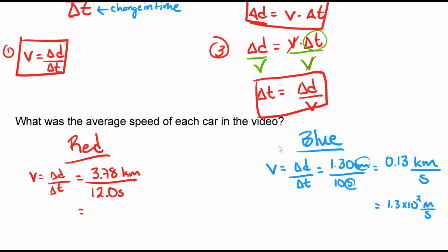So when we're doing this calculation, 3.78 divided by 12 is going to be 0.315 kilometers per second. And I could turn the kilometers into meters. I just have to move the decimal 3 times to the right. So that's 315 meters per second, which is insanely fast, by the way. I just wanted to make the video quick, so I made them going really super fast.